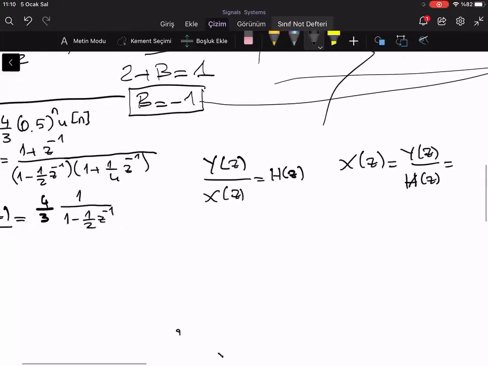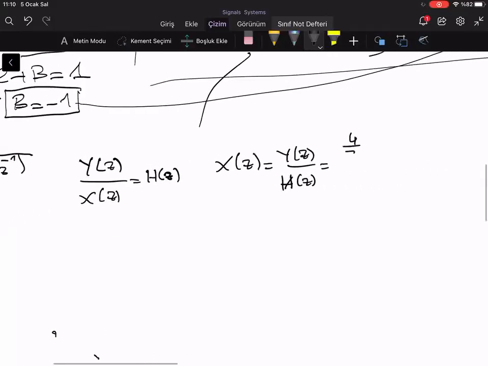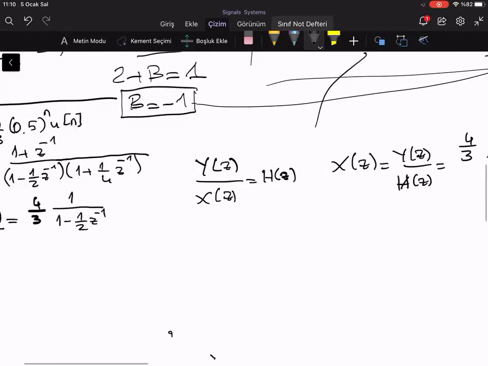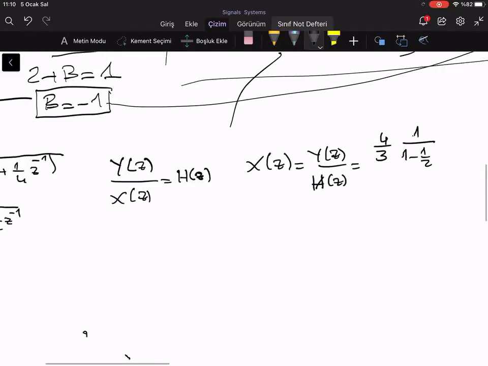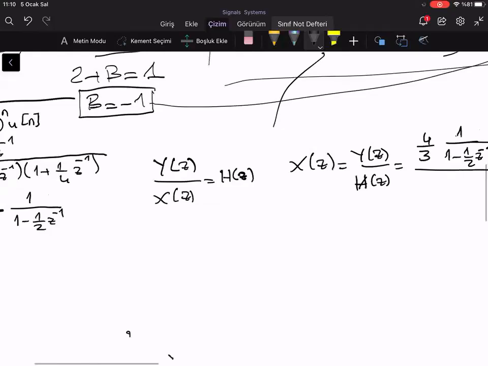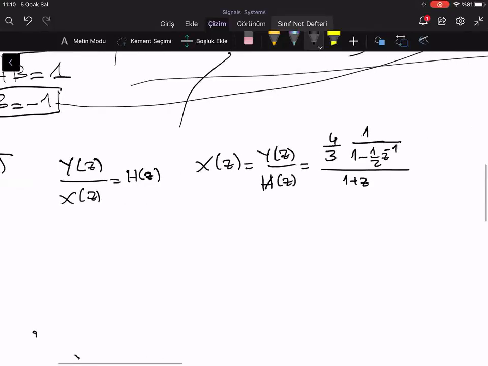And then y of z is equal to 4 over 3 over 1 minus 1 over 2 z to the power minus 1, divided by 1 plus z divided by 1 minus 1 over 2 z to the power minus 1, 1 plus 1 over 4 z to the power minus 1.